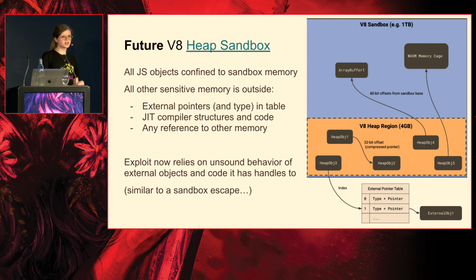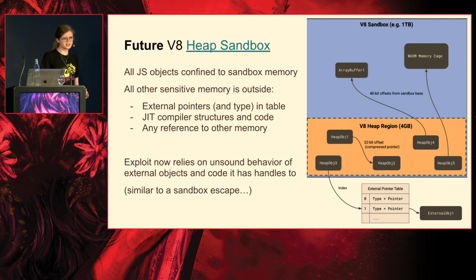So that makes it a lot easier for them to just say, here's a 4 GB slice, your pointers are 32-bit, you can't access anything outside of it. And then, of course, we have a table at the bottom, which includes the external pointers, as well as some type information to try to prevent you from specifying different indexes and causing a type confusion.